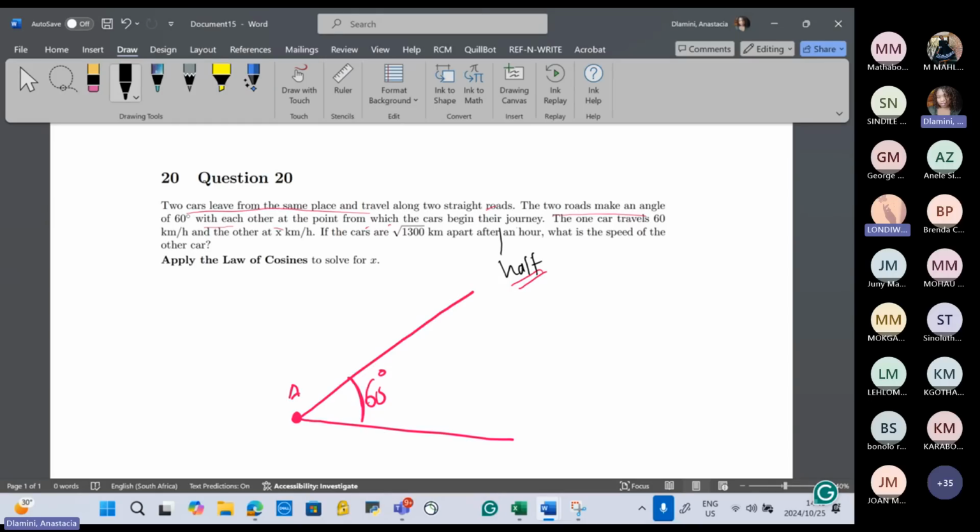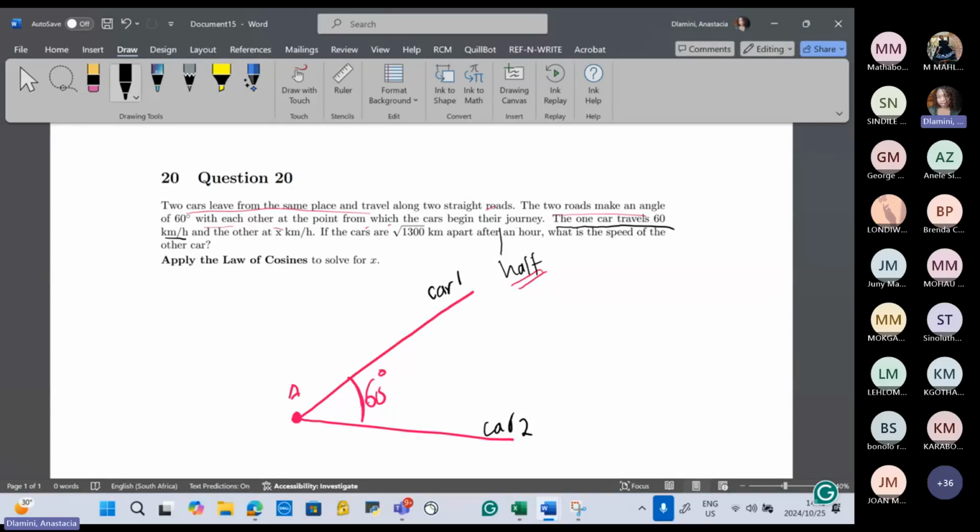Right? Now, let's continue. They say car 1. Which one are we choosing to be car 1? The top or the bottom one? So let's make it this one, car 1, and then let's say this is car 2. Even if you choose whichever, it's still fine. Now they say car 1 travels 60 kilometers per hour. What is that for car 1? That's the speed.